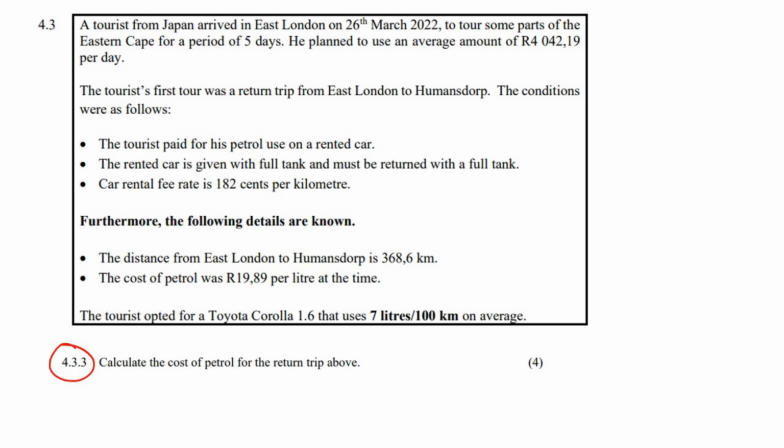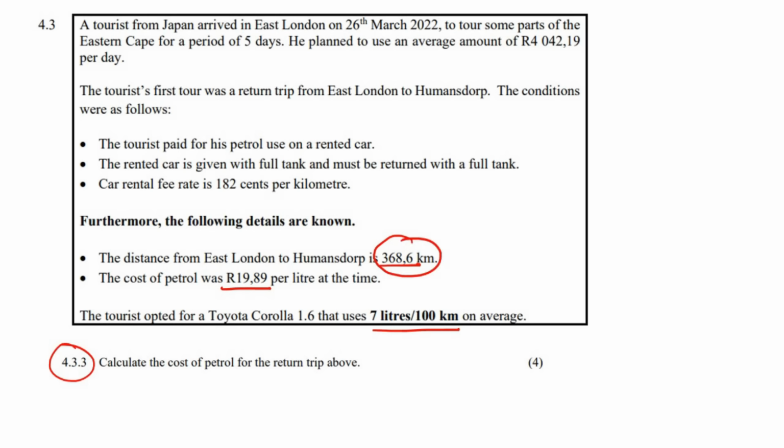Now this question says, calculate the cost of petrol for the return trip above. So now they want to know the petrol cost. The petrol cost is all going to be calculated by using this number, and this number. So stick with me, this might be quite interesting. We need to first know how far this person's going to drive.